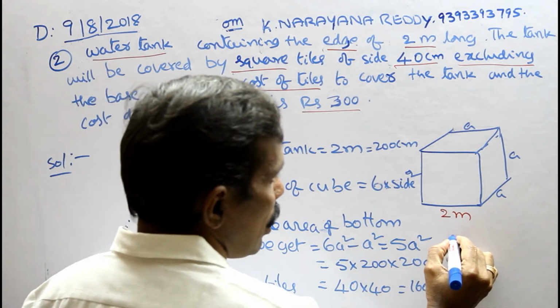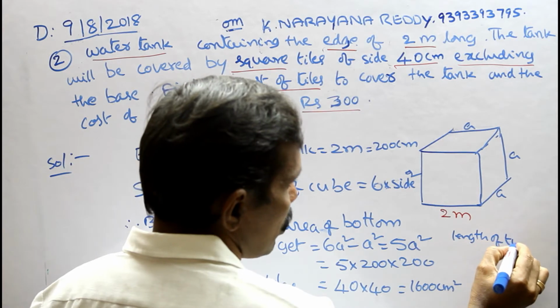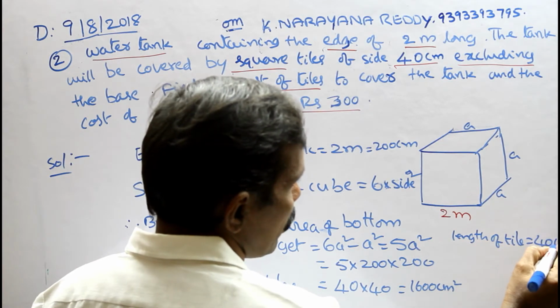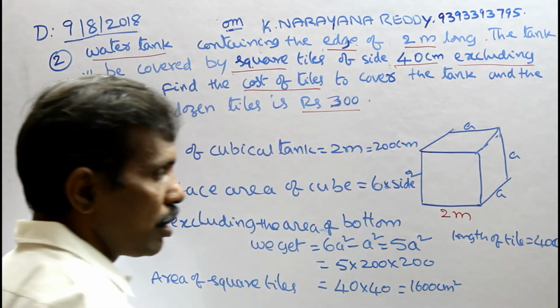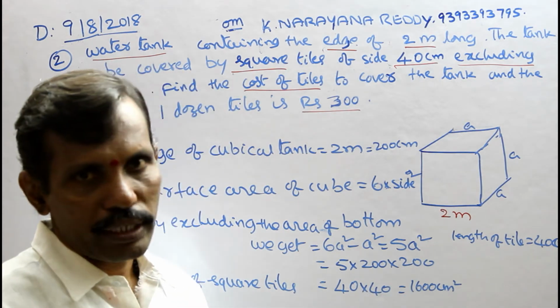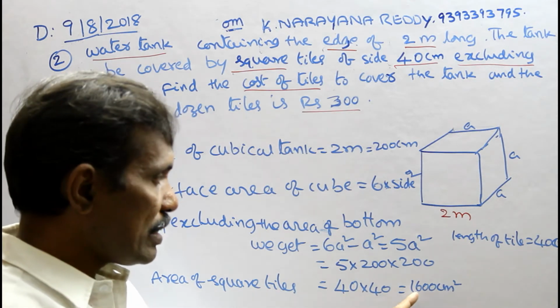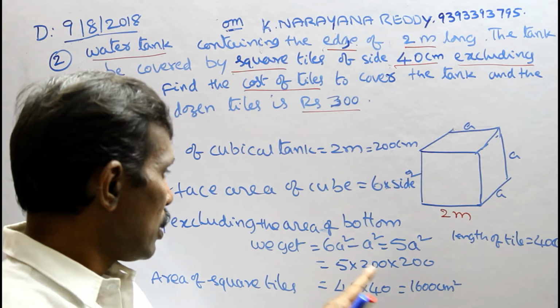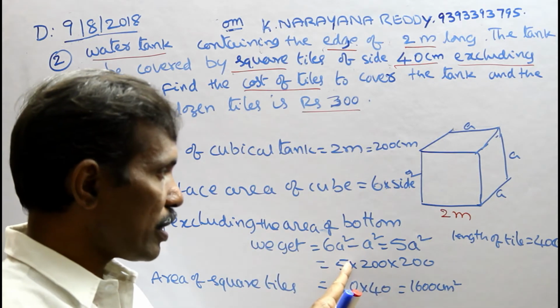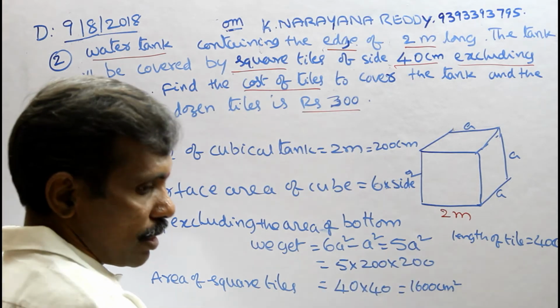Because the length of the tile equals 40 centimeter. What is the area of a square? Side into side. So 40 into 40 is the area of a tile. So the number of tiles is this divided by this.